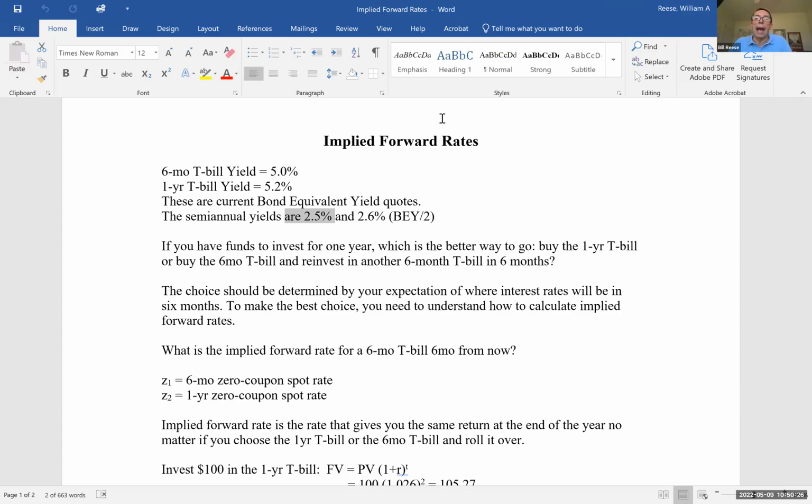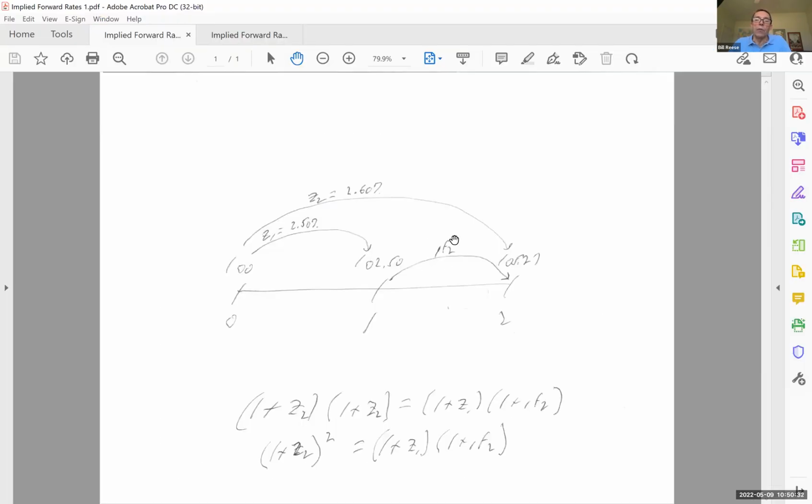Let's look again back at our diagram. I think that'll help us see this. So when we're trying to find 1F2 here, we know that it's 2.5% here, and we know it's 2.6% doing that. Think of it this way. Think of going from 0 to 2 as being an average of going from 0 to 1 and 1 to 2, okay?